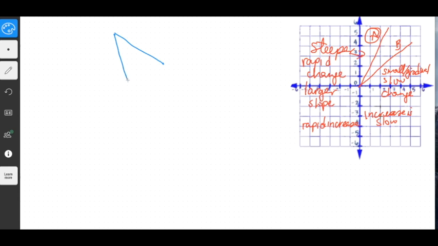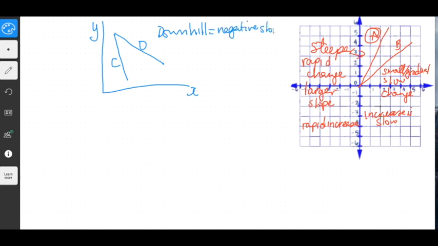I'm drawing graphs and my lines are not straight, so forgive me. This represents line C and line D. I'd like you to tell me which is steeper. Now one thing you should note is that these lines are running downhill, so they are negative slopes.